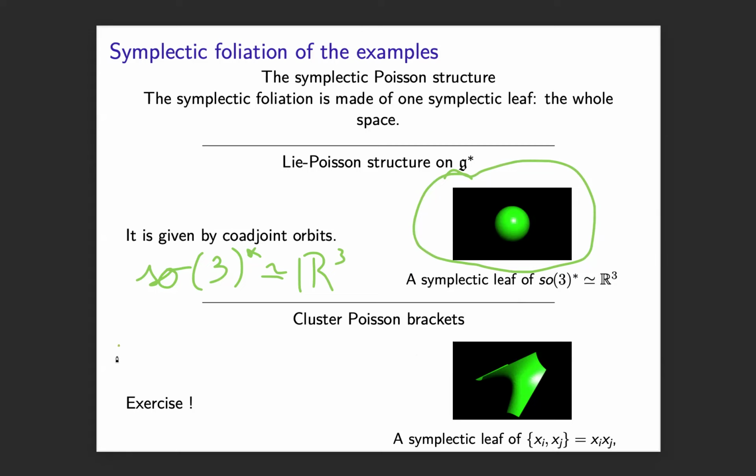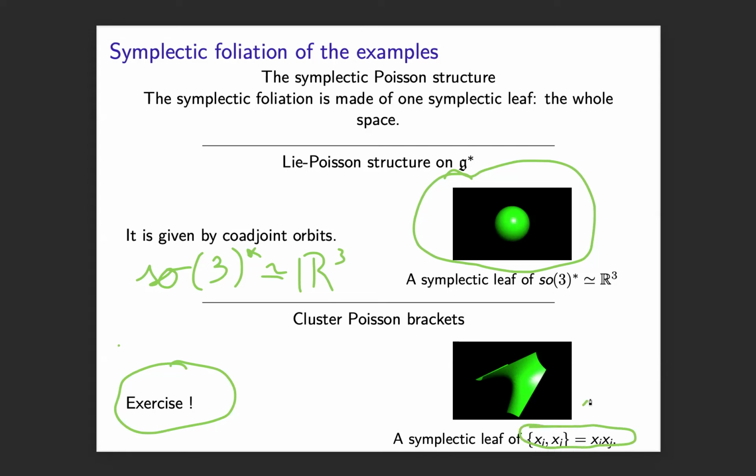And for the cluster Poisson bracket, you can try to compute the symplectic foliation using the remarks all along the lecture. So here I plotted the symplectic leaf of this Poisson bracket.